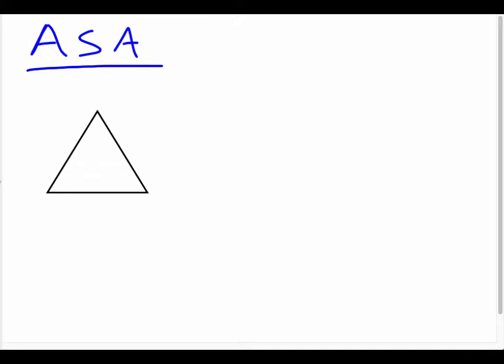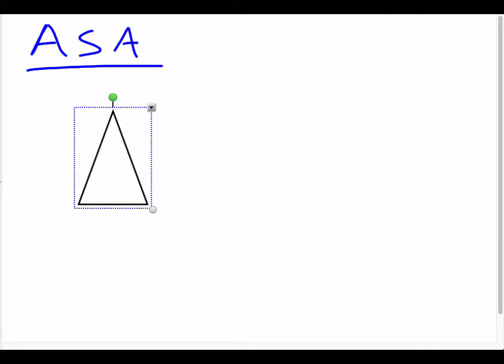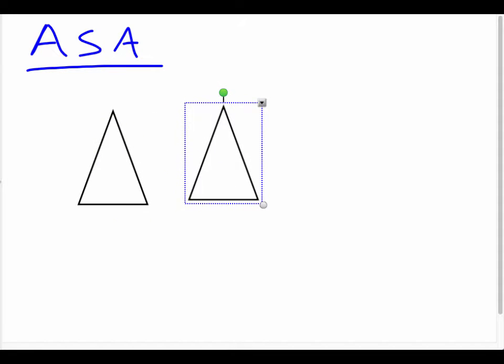So for the angle, side, angle, let me draw some more triangles here. Any triangle will do. We're trying to prove congruence, but for time's sake, I'm going to actually copy, but that's okay.